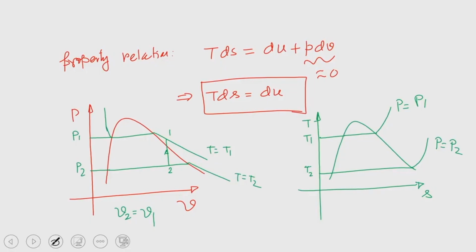Now the reversible constant volume process will be like this. This is 2 and this is 1, and for this particular process V2 equal to V1.